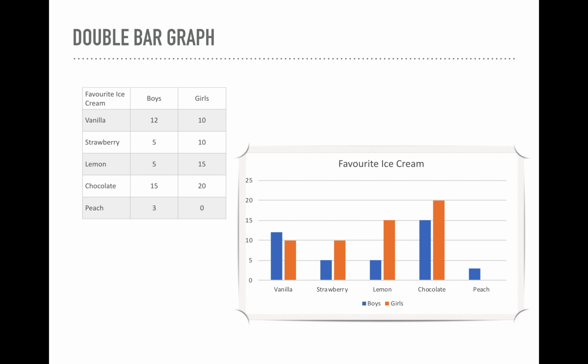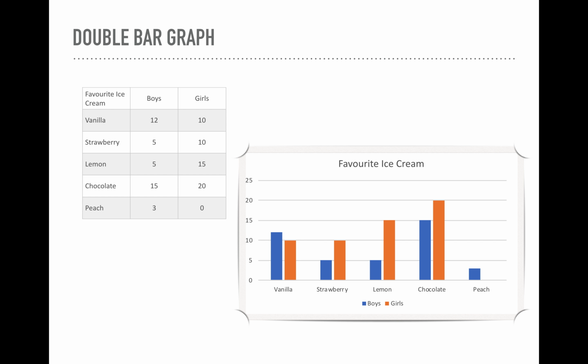So always remember when you're looking at the double bar graph, you're looking at 2 sets of data. So if I were to ask you how many people were surveyed for their favorite ice cream, you wouldn't just tell me the total of how many boys, and you wouldn't just tell me the total of how many girls. You would combine that total for one big number that sums up the whole double bar graph.